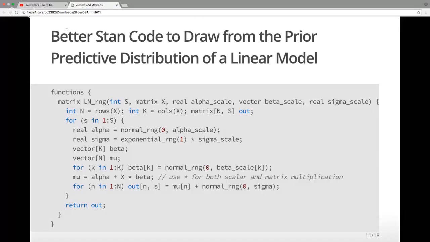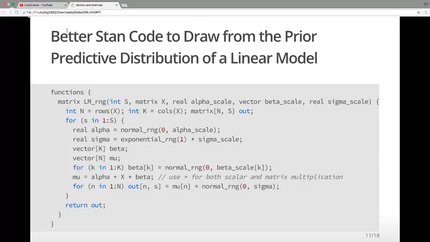This is just going to take the conditional expectation of y given x, which is the nth element of mu, add onto it a random draw from the Gaussian distribution for the errors, which is going to have an expectation of 0 and standard deviation sigma, which I had previously drawn from my exponential prior.